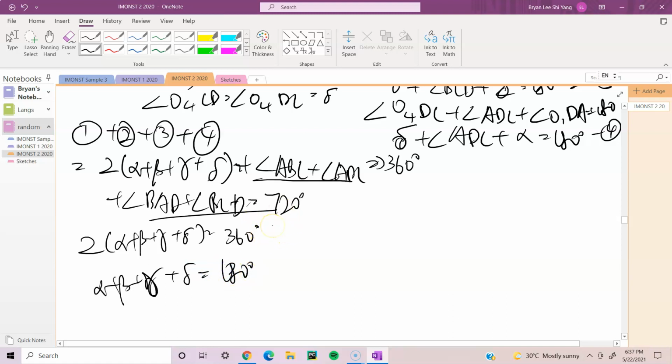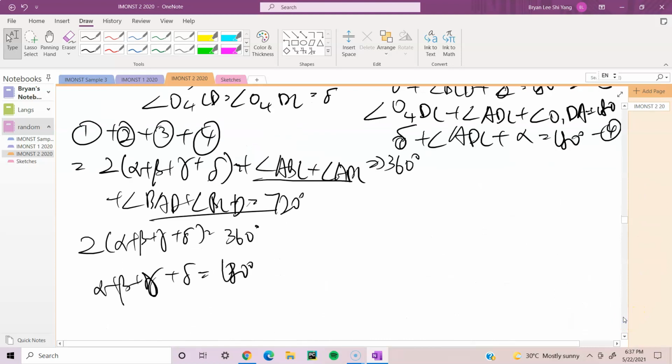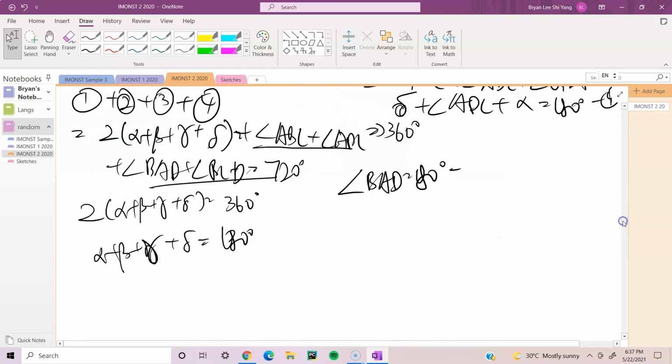Then we will just observe. What do we want to observe? We can just take angles BAD and BCD because both of them are opposite angles, right? So angle BAD is 180 degrees minus alpha minus beta.